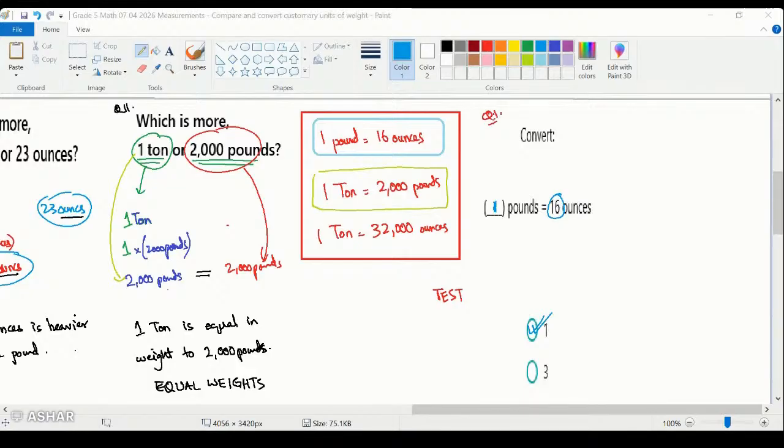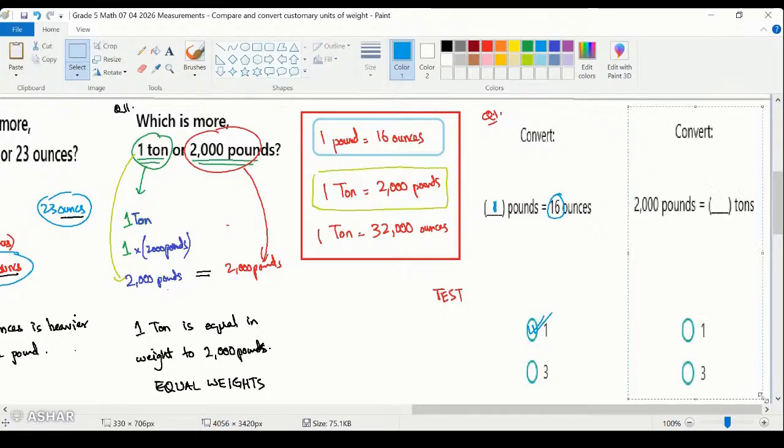Okay, the next question says convert 2,000 pounds into tons. Let this be our question number two. Okay, we have the value over here. What can we say about tons?